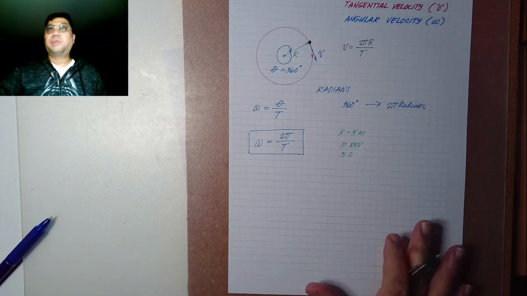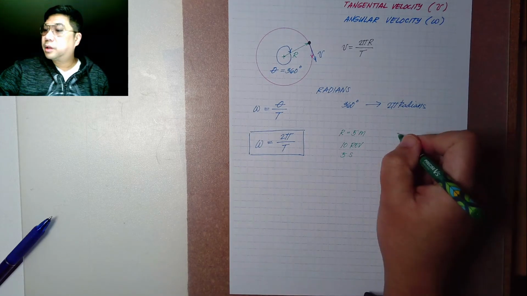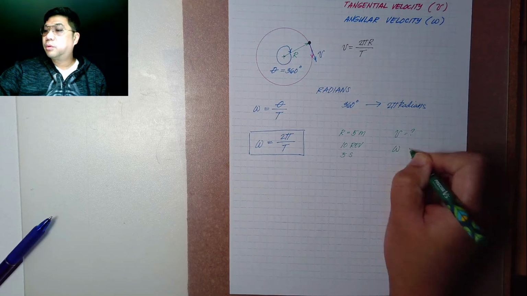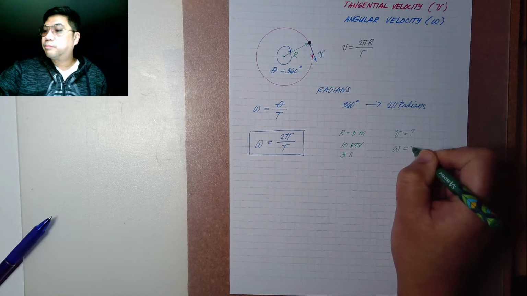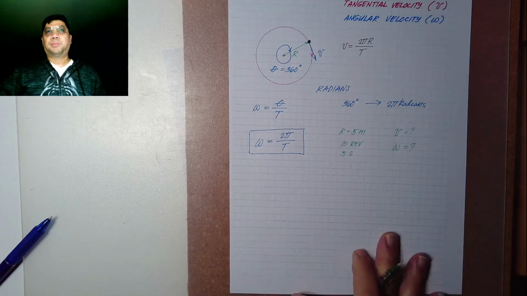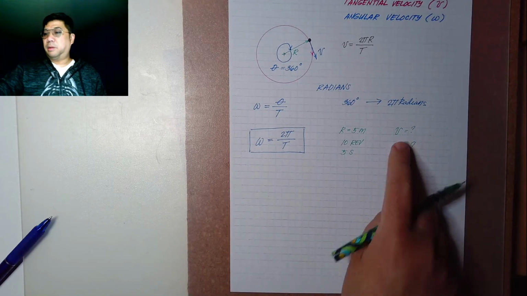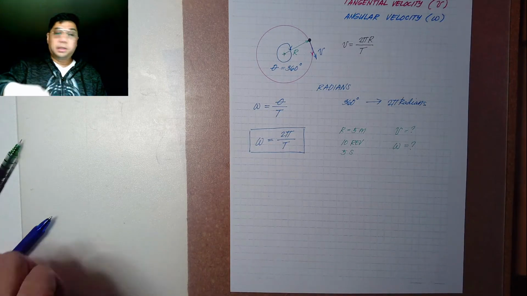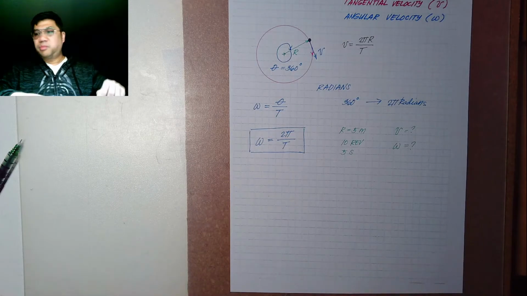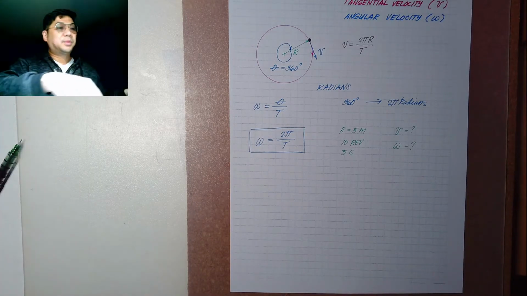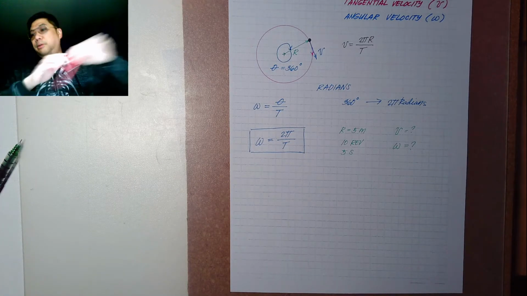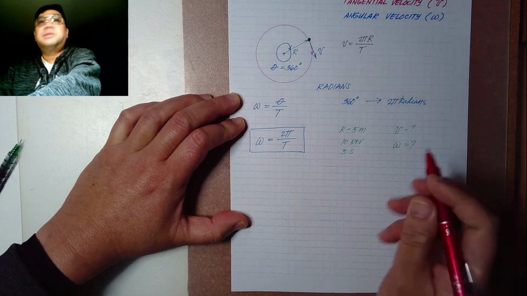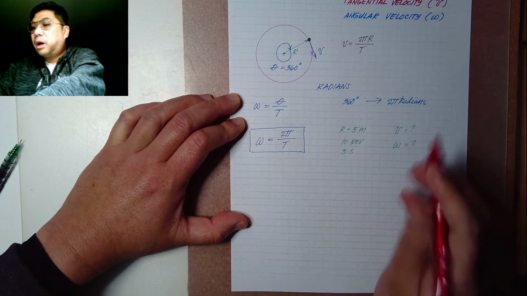How do we figure out the tangential velocity as well as our angular velocity? Let's start with the tangential velocity. For both of them we need to know our period first.